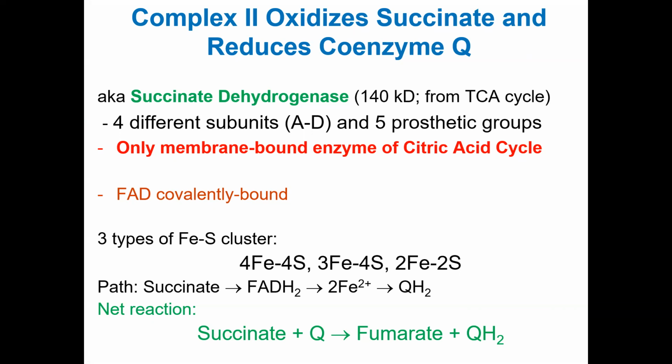Remember, succinate to fumarate to malate to oxaloacetate, reactions that happen many times in several metabolic pathways. Yeah, you utilize succinate dehydrogenase. It's the same TCA cycle enzyme. And it's the only membrane-bound enzyme of the citric acid cycle. I didn't tell you in the citric acid cycle, but now you know. Succinate dehydrogenase is the only membrane-bound enzyme of the citric acid cycle.